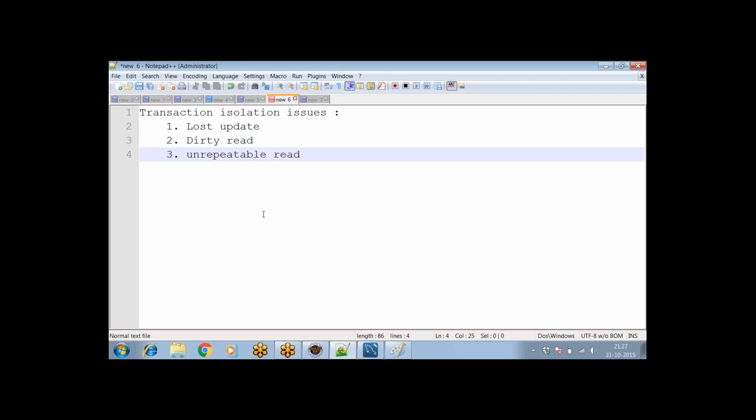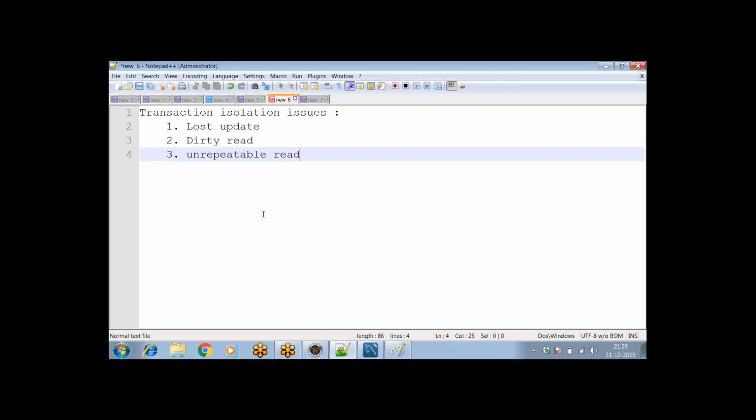Let's say the transaction has read the data twice. Each time it gets different data.